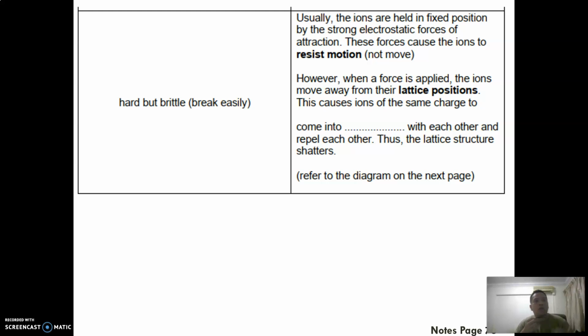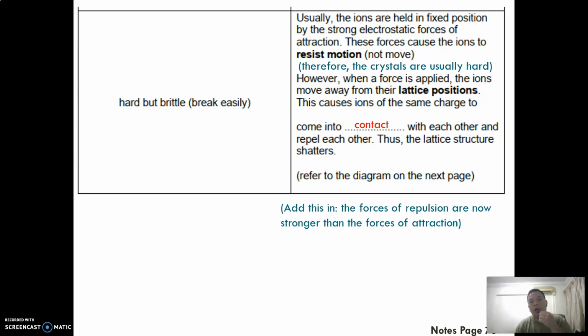But if you eventually apply enough force, the ions are going to move away from their position, and this will cause ions of the same charge to touch or to contact each other. When the ions of the same charge come into contact with each other, they are going to repel because they have similar charge.